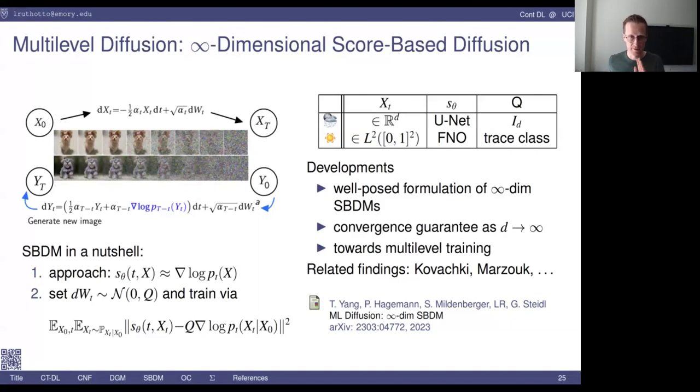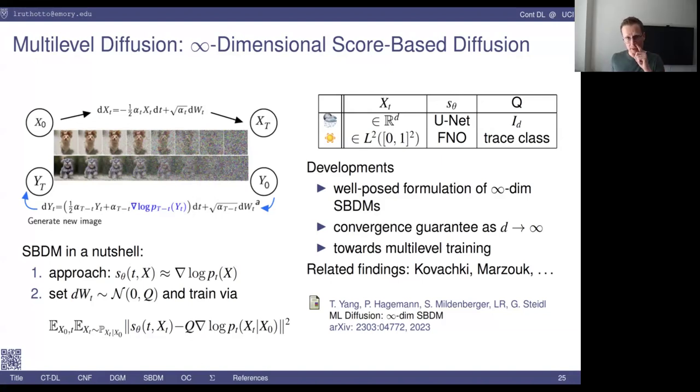You have a given process, like a Fokker-Planck equation, that asymptotically gets you to your Gaussian. So all the energy that goes in is to learn the score function that allows you the time reversal.